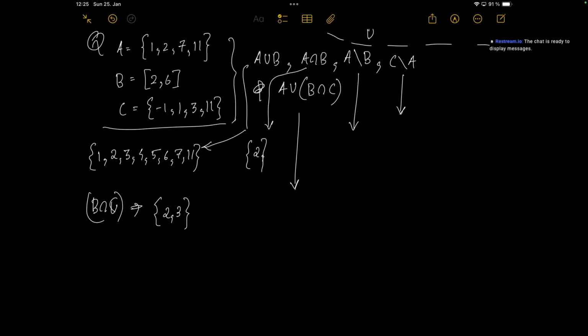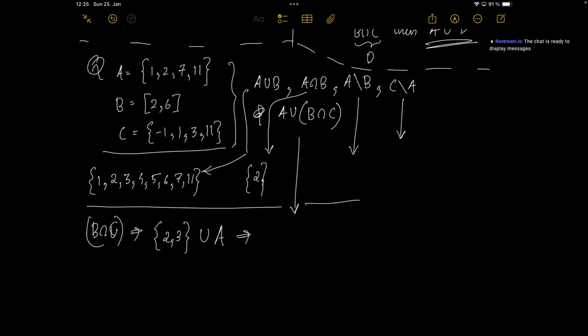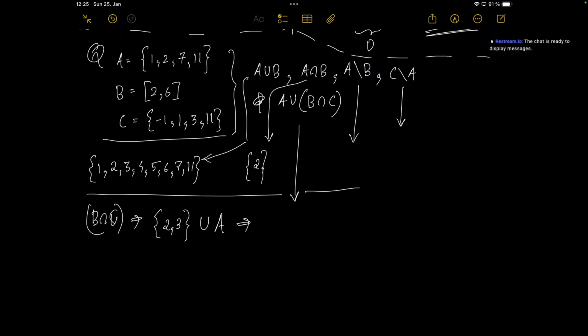And now that intersection union A: 1, 2, 3, 7, 11.